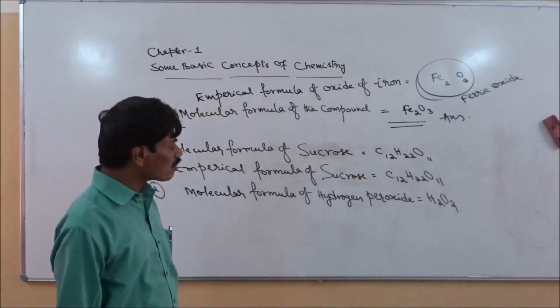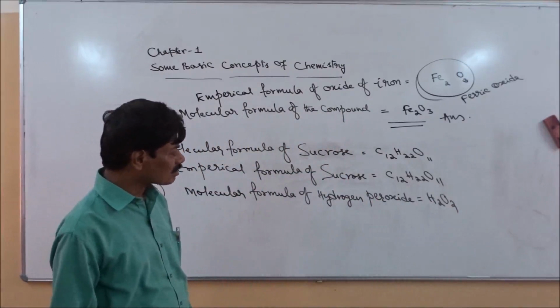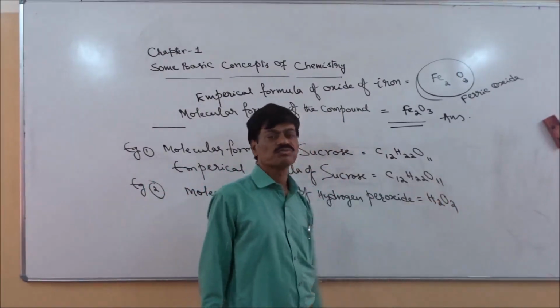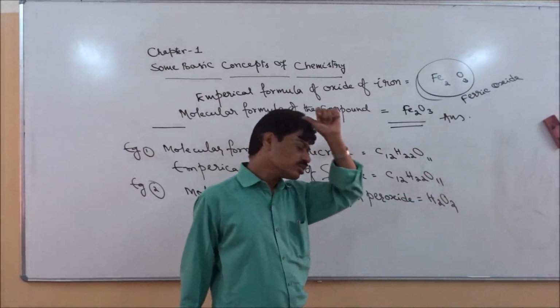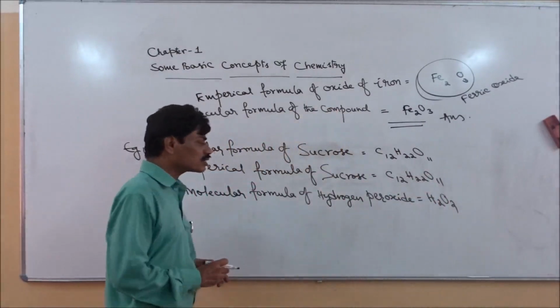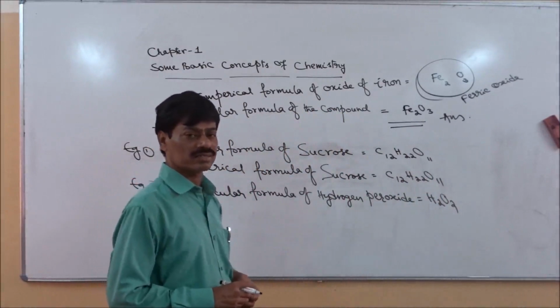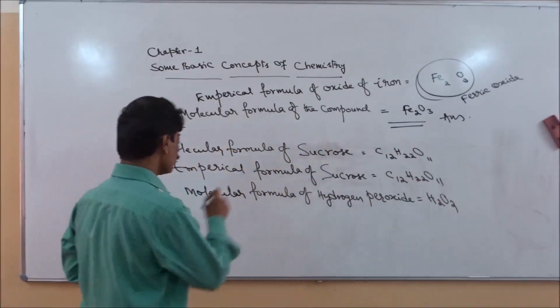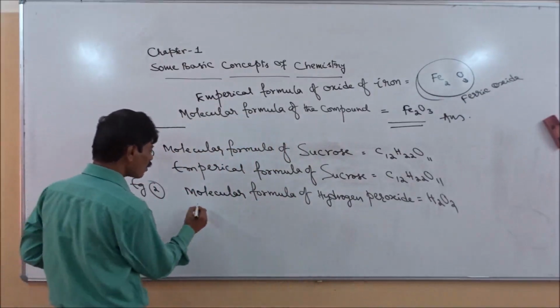Now, the actual number of atoms of hydrogen and oxygen in this case are 2 and 2, or 2 is to 2. So that ratio 2 is to 2 we can minimize, we can further decrease to 1 is to 1. So here it is possible to find out the empirical formula.